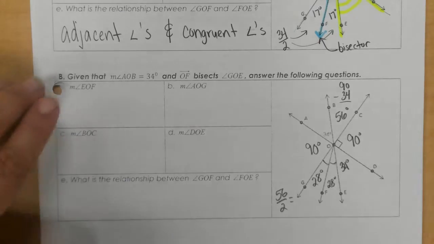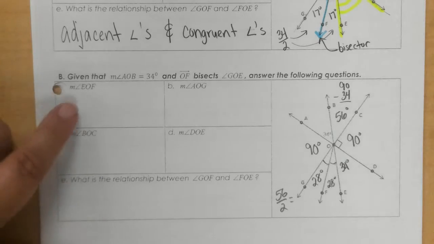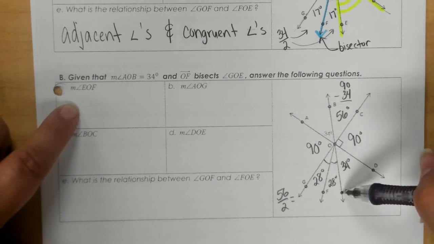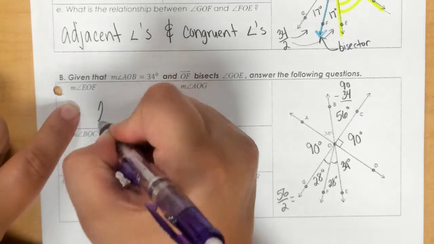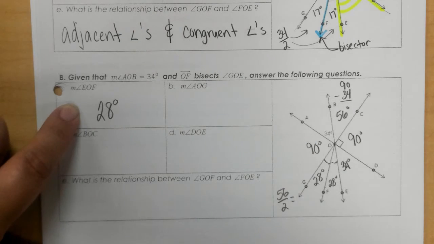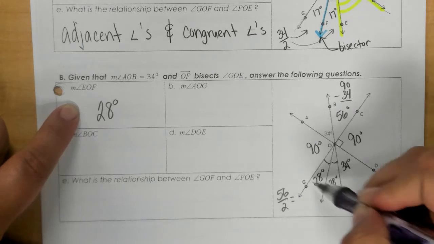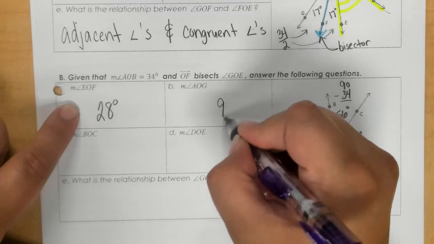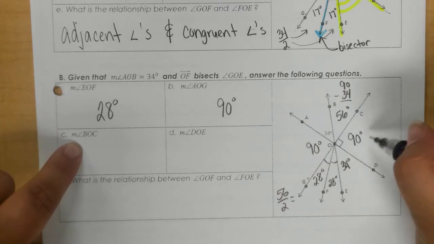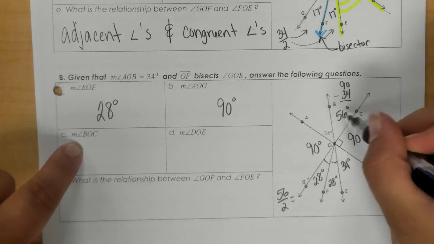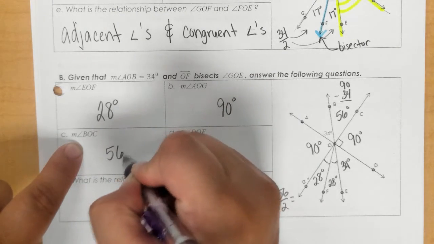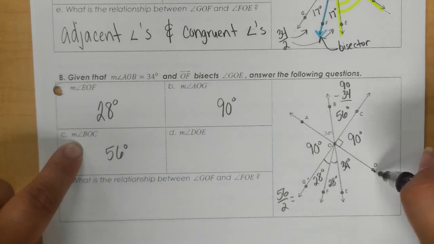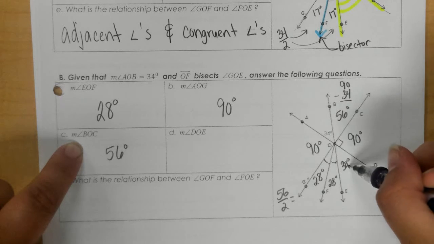Alright, so to answer my questions over here, the measure of EOF is 28 degrees. Angle AOG is 90. Angle BOC was 56. DOE was 34.